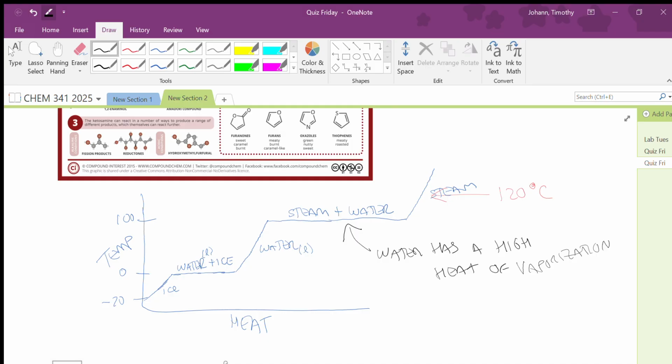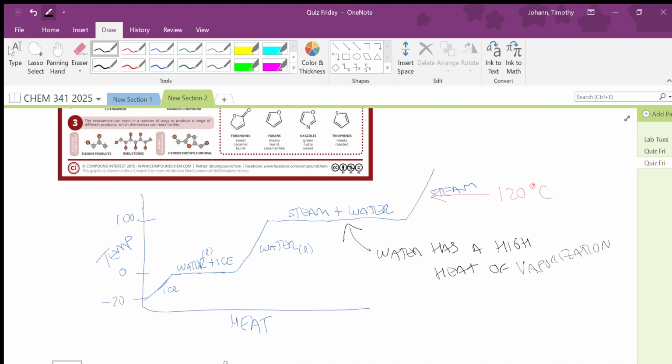This is also why steam burns really hurt. So anybody ever get a steam burn like from your iron? It hurts like heck, doesn't it? Right? And it's because when that steam hits your hand, the water condenses on your hand and gives up all this heat and burns you. And it also gives up some of this too, but it's really, this is the largest amount.